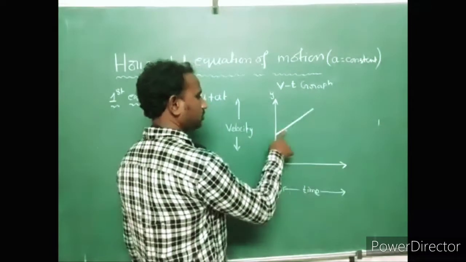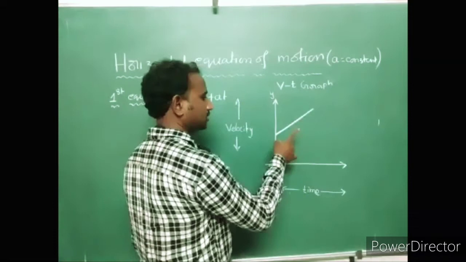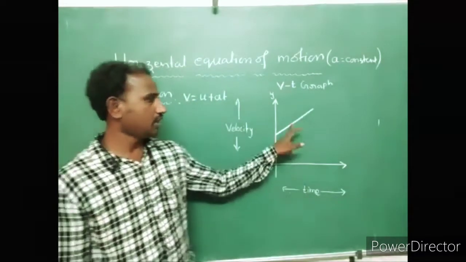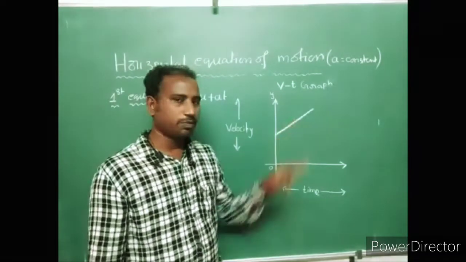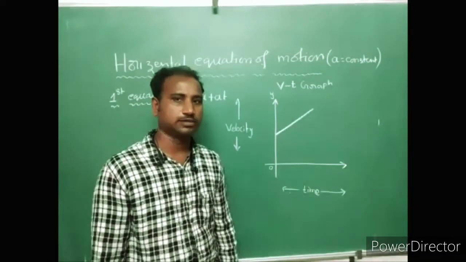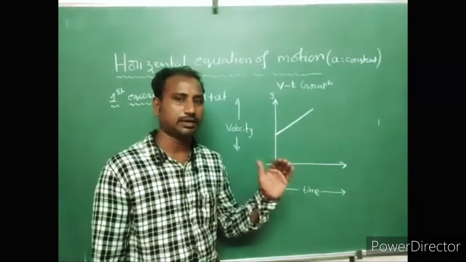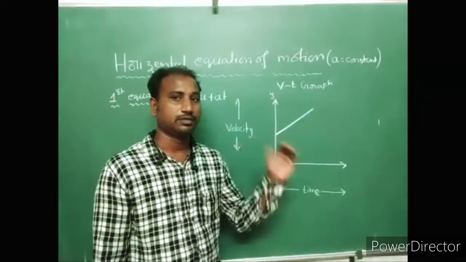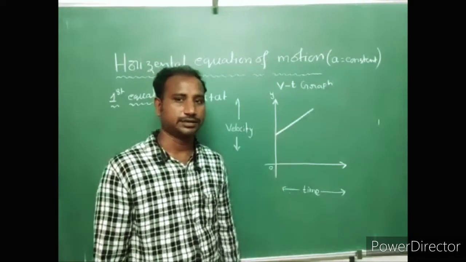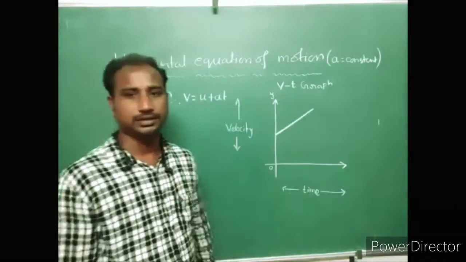In a velocity-time graph, a slope that is a straight line from the origin making theta angle with the horizontal axis represents constant or uniform acceleration. Already I explained this.